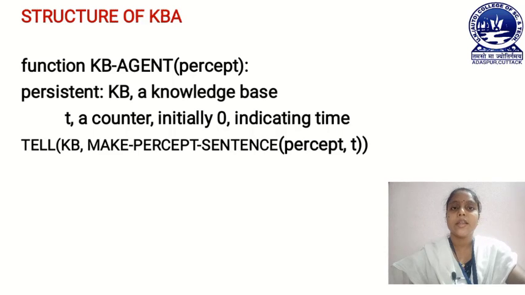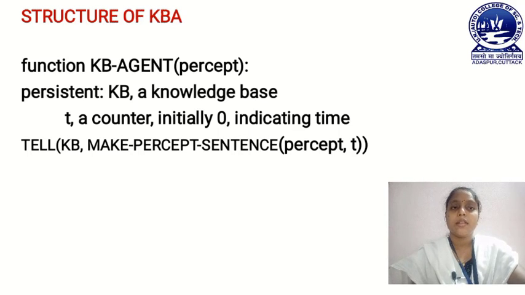Then next, here the tell operation calls the make percept sentence function, and this function returns a sentence to the knowledge base which tells about the current percept that the agent perceives from its environment at a particular time.